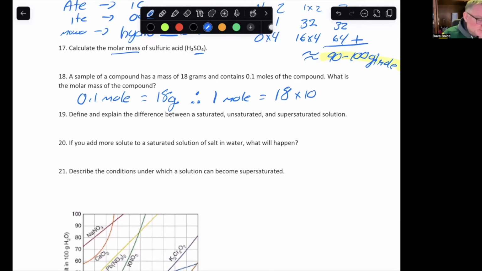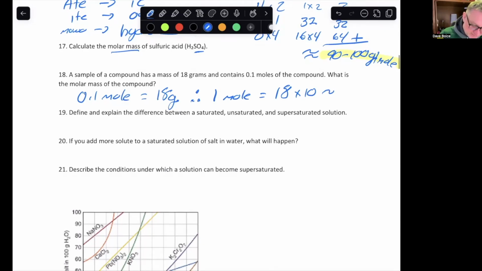In other words, the difference between 0.1 and 1. And so that's going to be kind of hard to give a range because that one's a little easy. So 180 grams per mole.